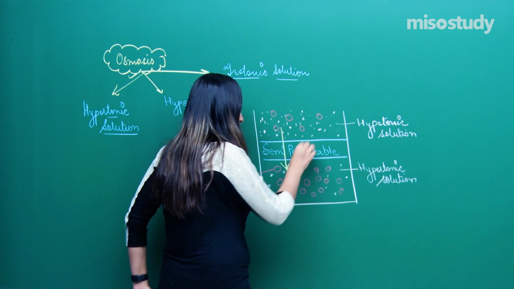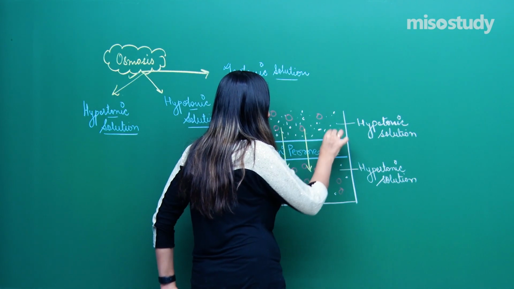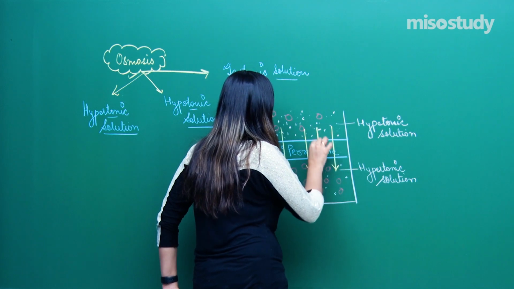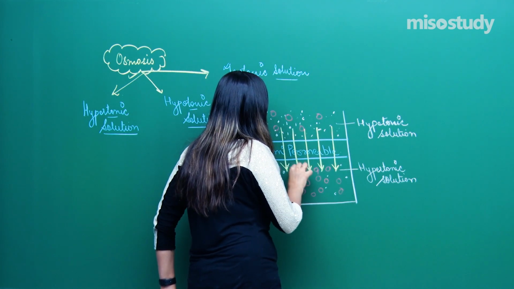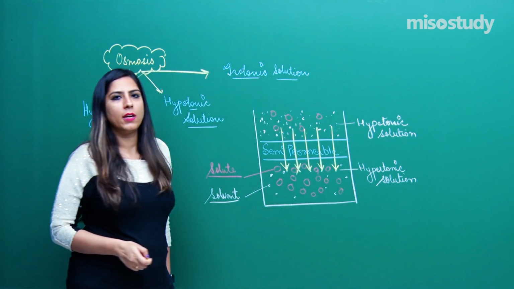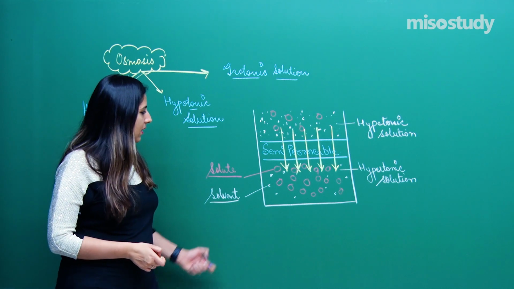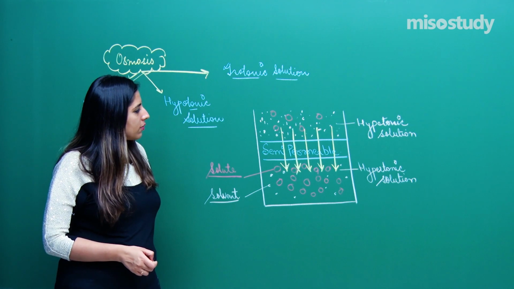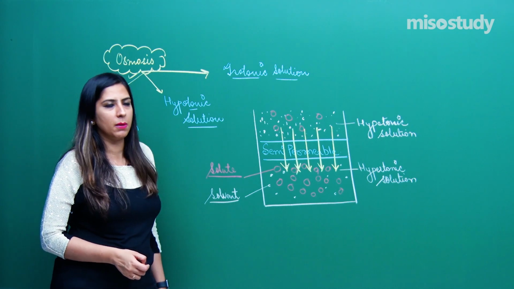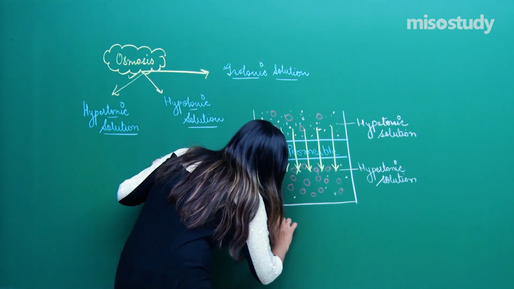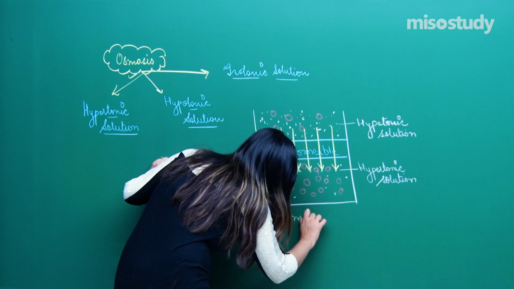Water, or the solvent, will move like this until a balance is maintained between them, right? So this is a diagram which shows how this movement occurs across the semi-permeable membrane. That means it's a diagram of osmosis.